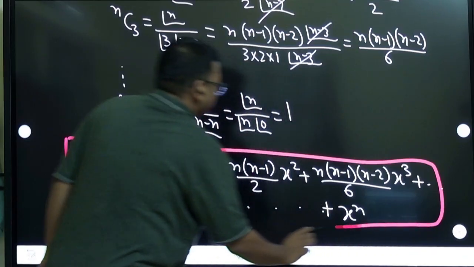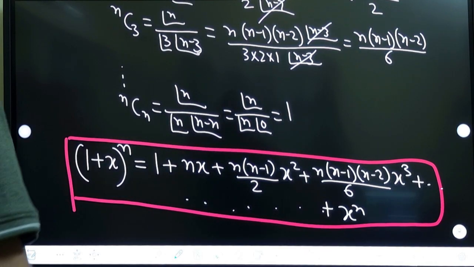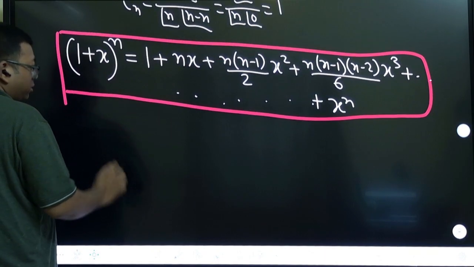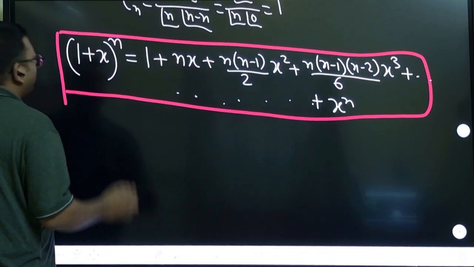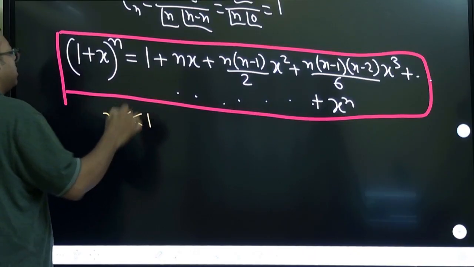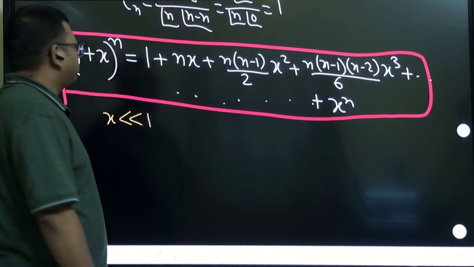Right? Like this. This is the actual expansion using binomial. Now, in this expansion, we make an approximation. In physics, what the useful approximation is, that we should know. So suppose x is very small as compared to 1.